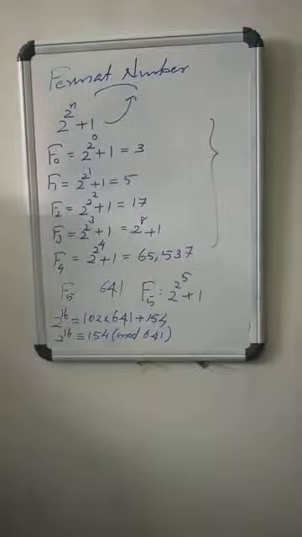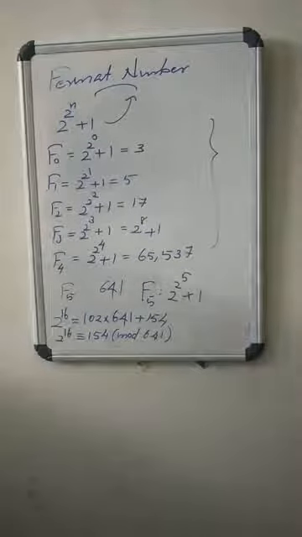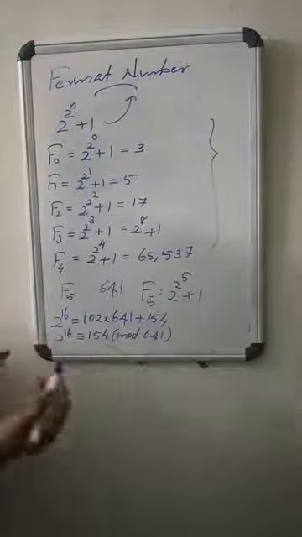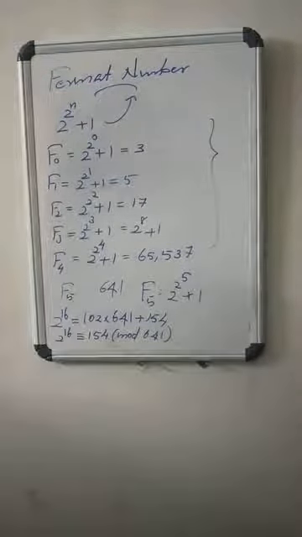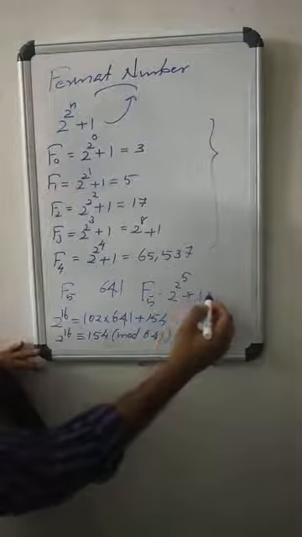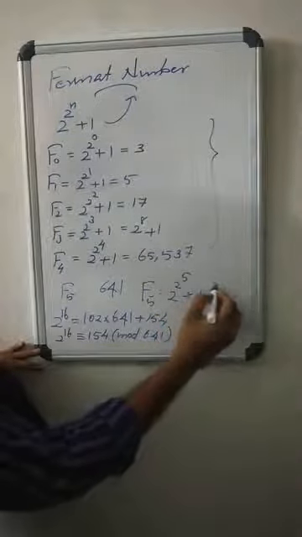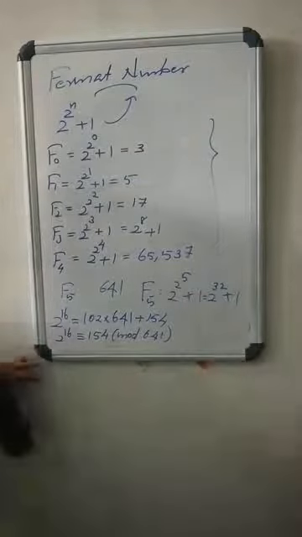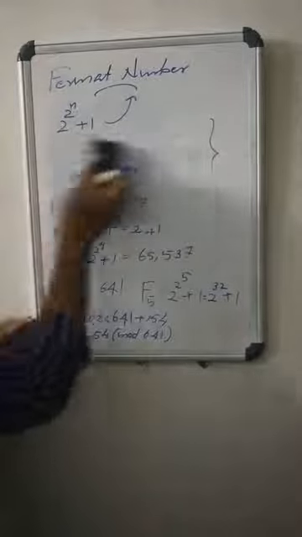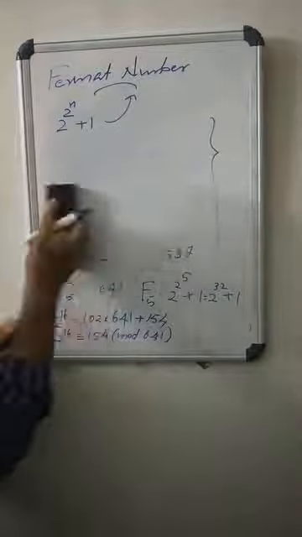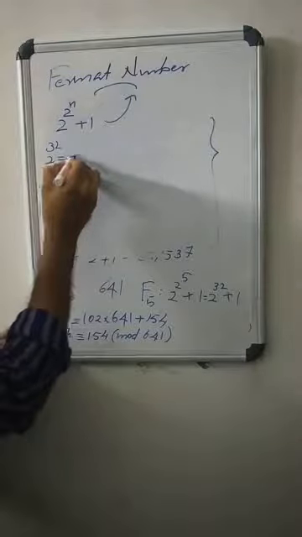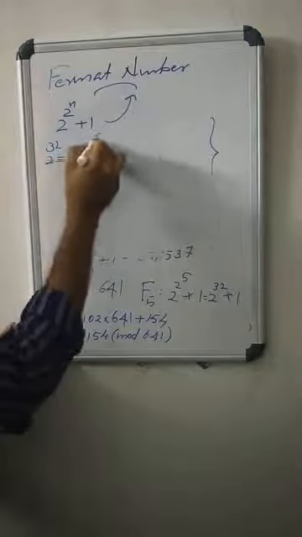And what about 2 power 32? When n equals 5, we have 2 power 32 plus 1. Agreed? What is 2 power 32? 2 power 32 is 2 power 16 whole square.